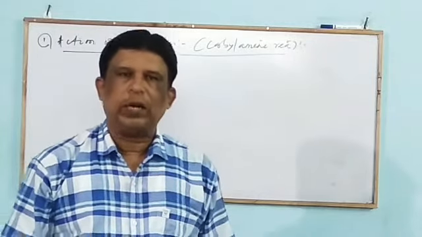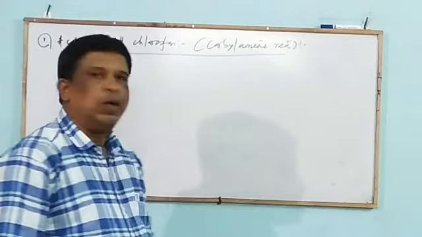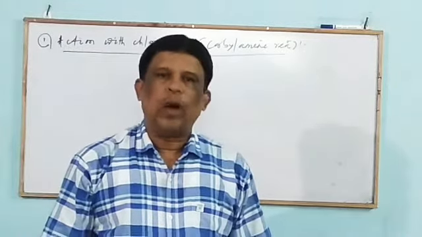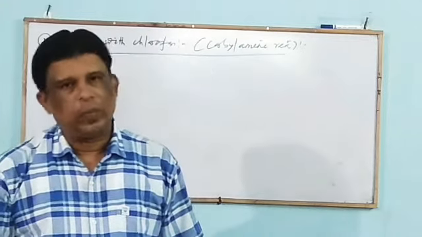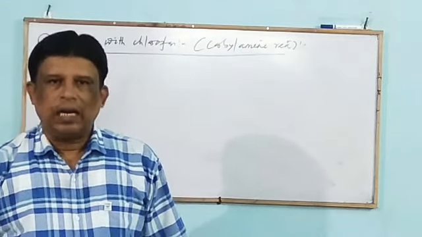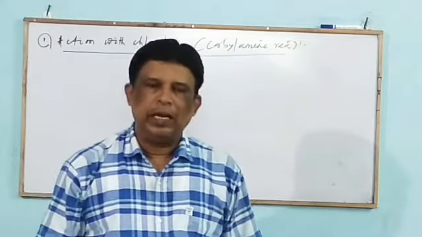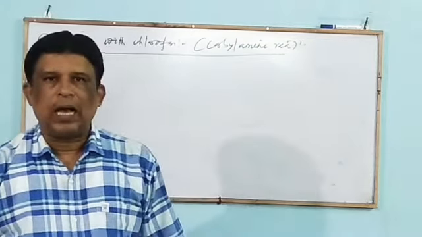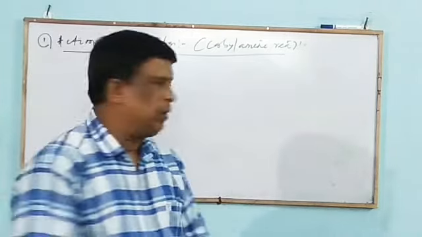So what is the statement? When a primary amine is warmed with chloroform in the presence of alcoholic potash, an unpleasant smelling compound, alkyl isocyanide or alkyl carbylamine, is formed. Mark the equation.